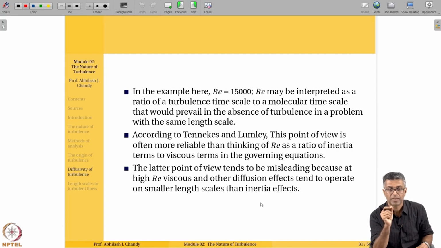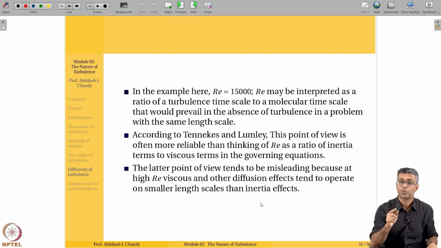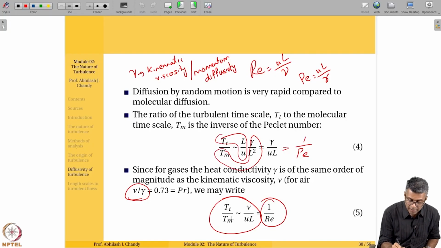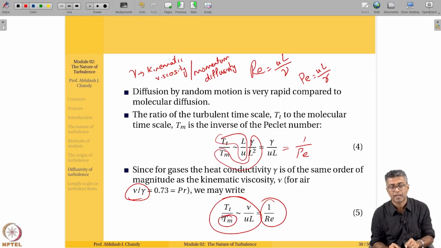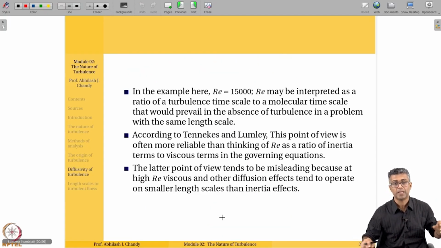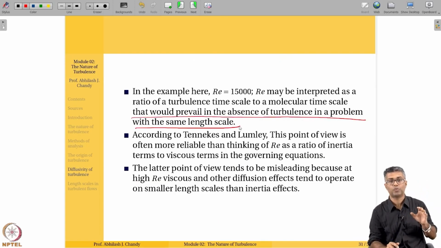The Reynolds number may be interpreted as the ratio of the turbulent time scale to the molecular time scale. Which molecular time scale? The molecular time scale that would prevail in the absence of turbulence. Because this Tm, this molecular time scale, came from the case study when we considered no airflow, only molecular diffusion. That is what I mean by that would prevail in the absence of turbulence in a problem with the same length scale.